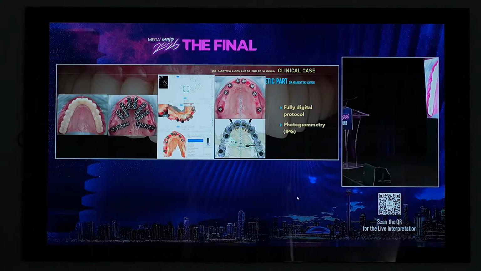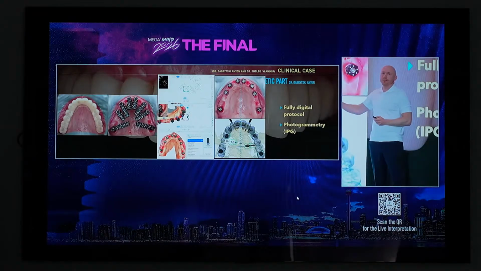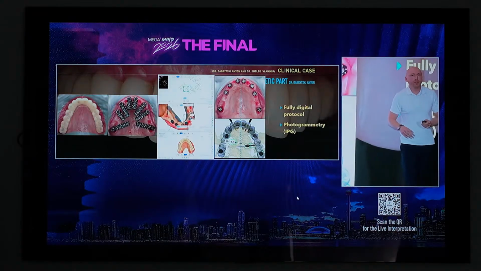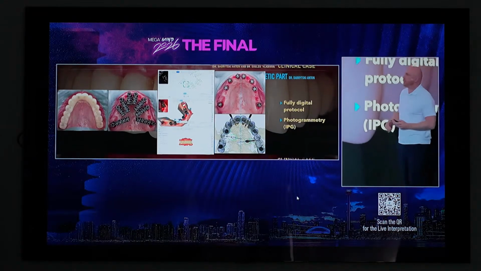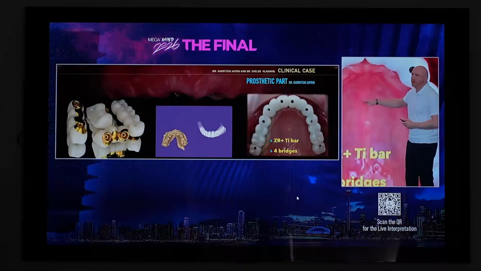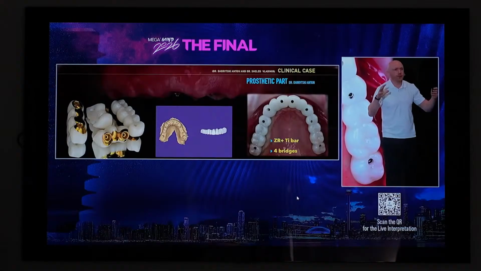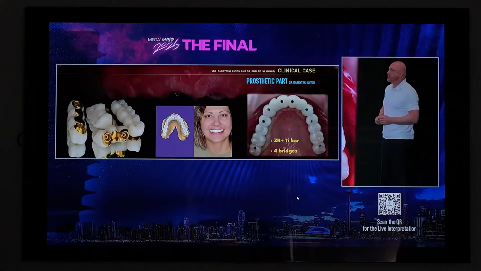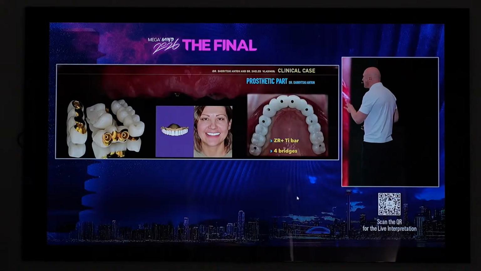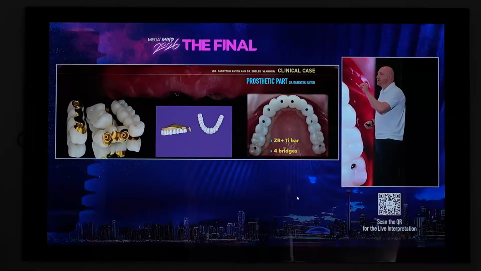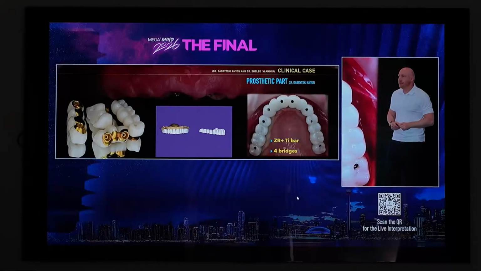Why did I draw this line? Because you can see that the right and left side are very symmetrical. It is very important for such cases because we plan to make 4 different bridges. We try to separate this construction into 4 different bridges, zirconium ones with an anodized titanium bar.